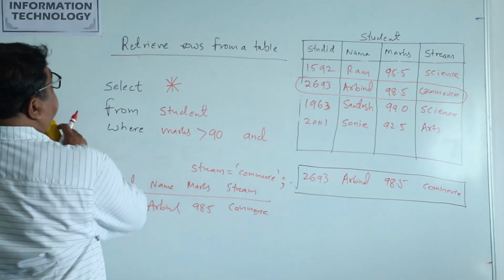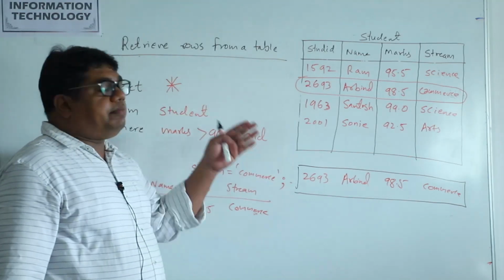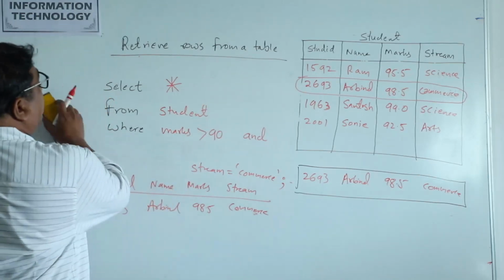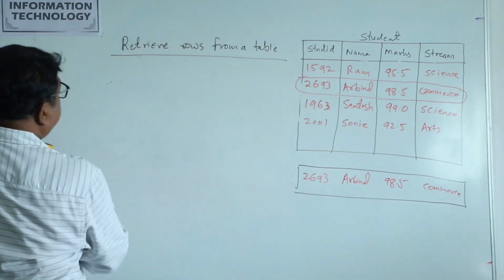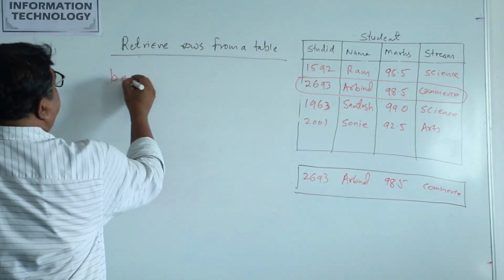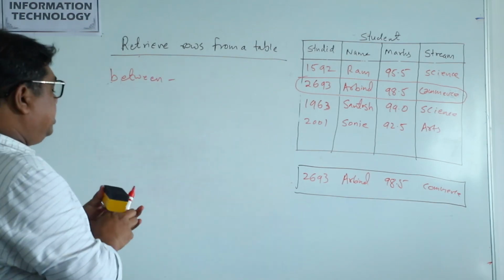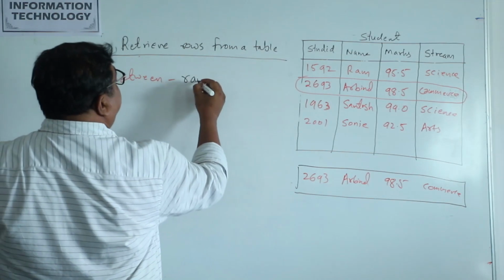Now we will come to the special operators, which we read about: between, in and like. Why is BETWEEN used? It's a special operator, and it is used for a range of values.